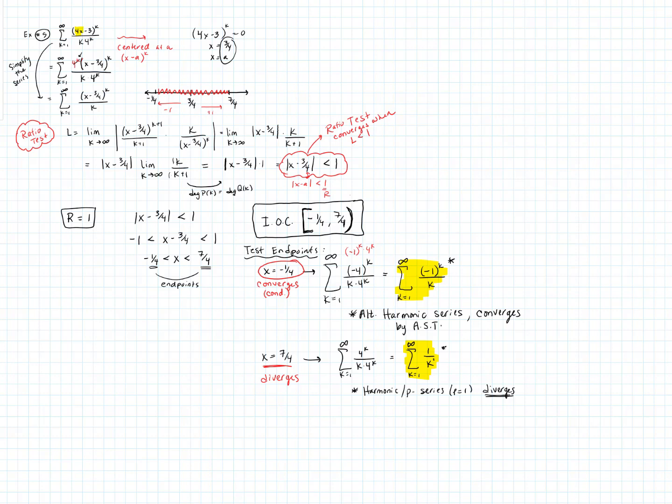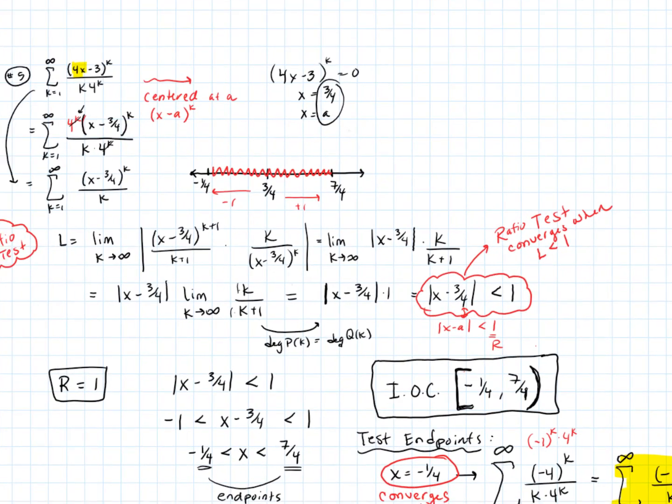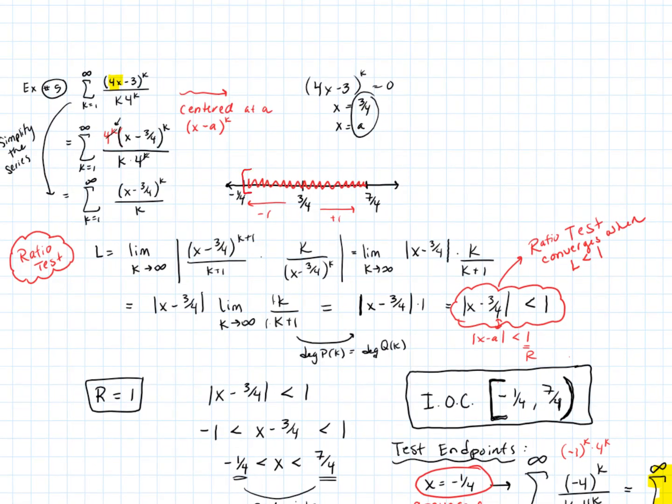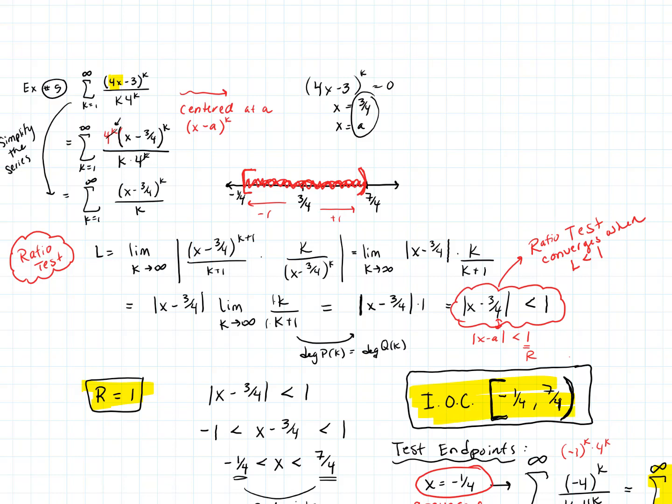So back to this little graph up here, we can put a bracket at negative 1/4 and a parenthesis at 7/4, because we can include negative 1/4, but we cannot include 7/4. So our radius of convergence was 1, and our interval of convergence was between negative 1/4 and 7/4.